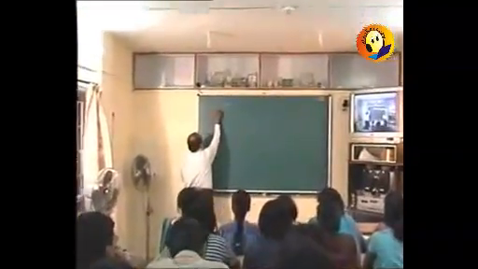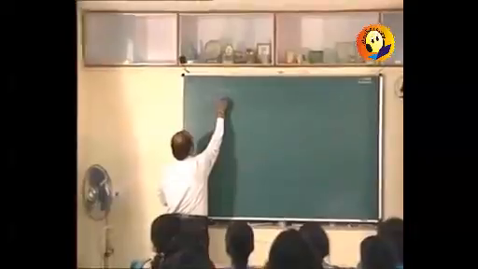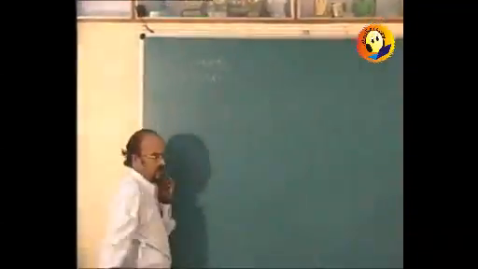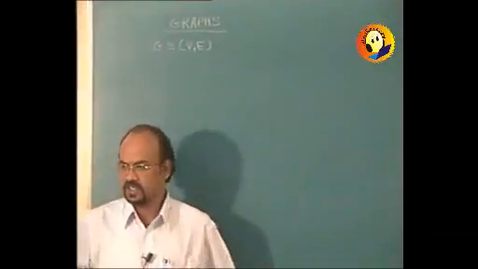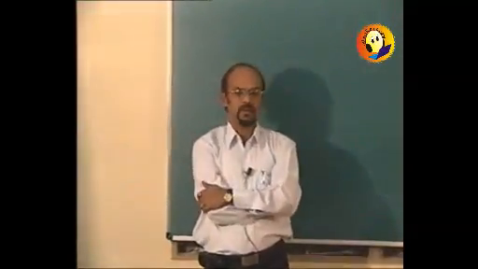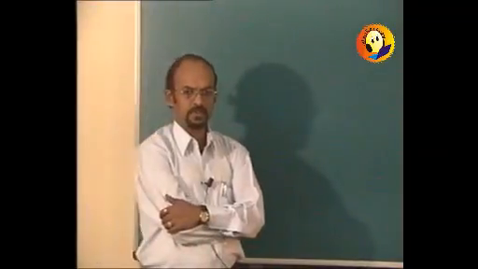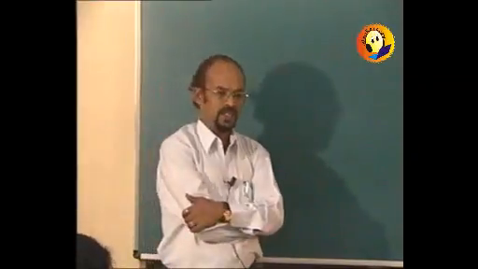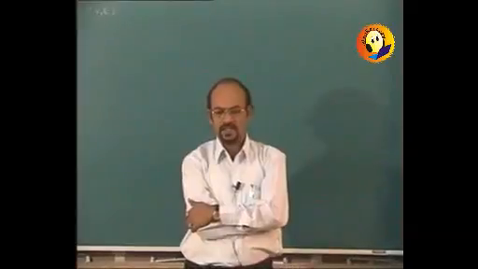Graph G is defined as V comma E, where V is the set of vertices and E is the set of edges.